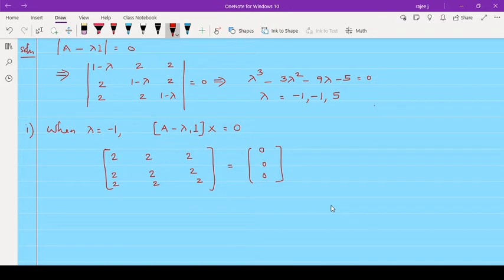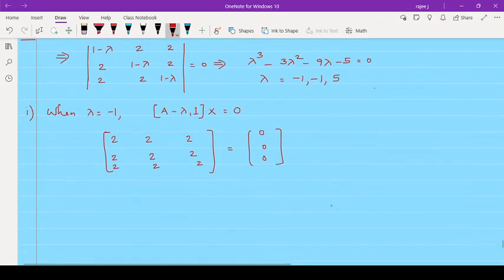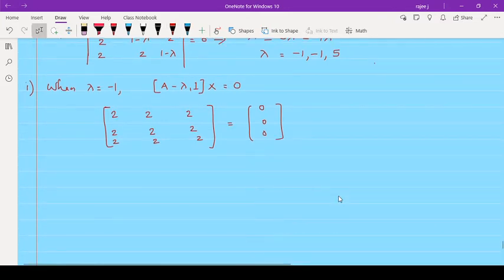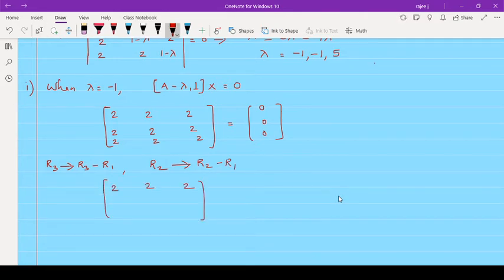Obviously the rank of this matrix will be 1 only, because all 3 rows are same. So R3 changes to R3 minus R1 and R2 changes to R2 minus R1. So this is 2, 2, 2, then 0, 0, 0, and 0, 0, 0.